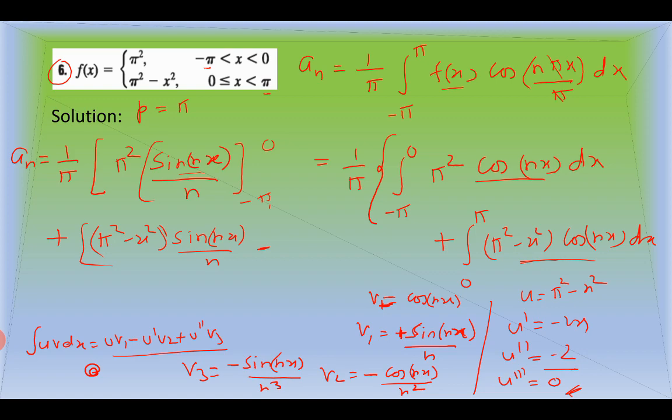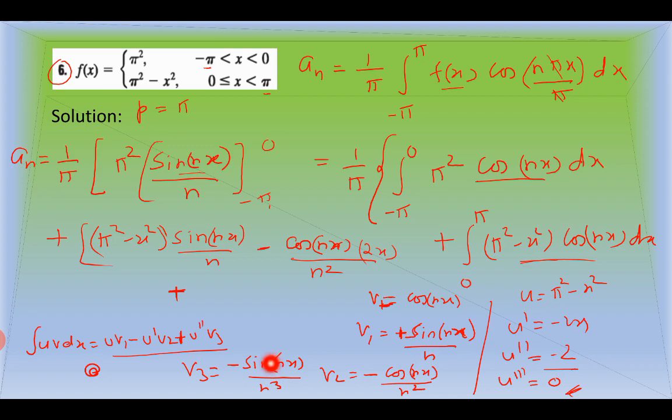v2 is minus, so both will be positive, there is a negative, totally it's negative, cosine nx divided by n square, into 2x. u prime is 2x, v2 is minus cosine nx over n square. Finally there should be plus here in the formula, but u double prime is negative, v3 is negative, so again you will get positive.